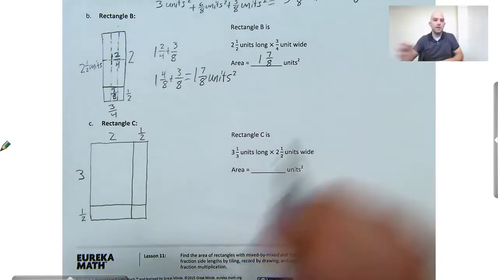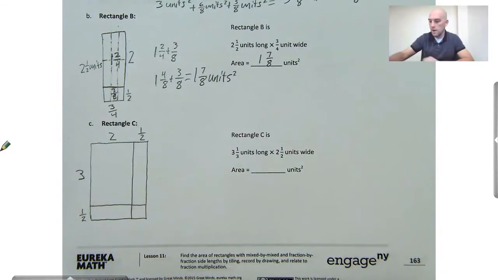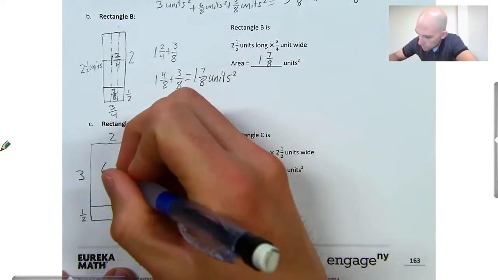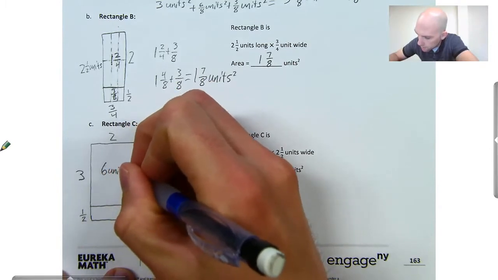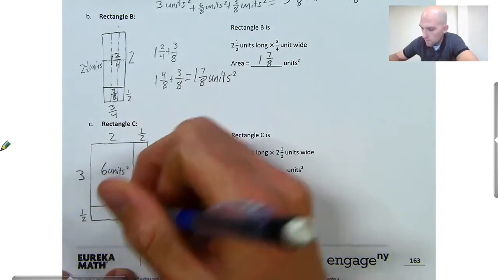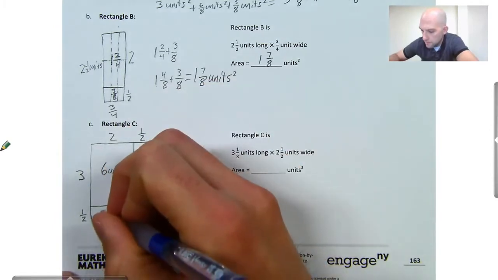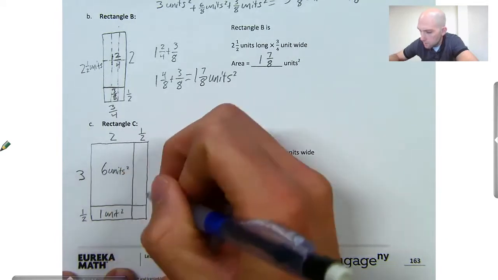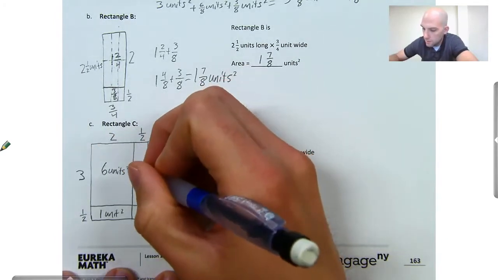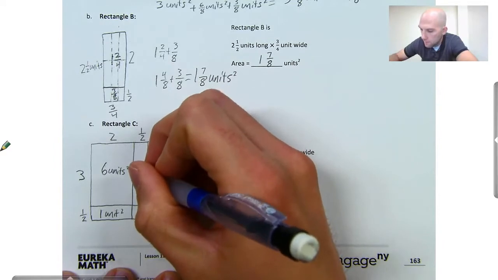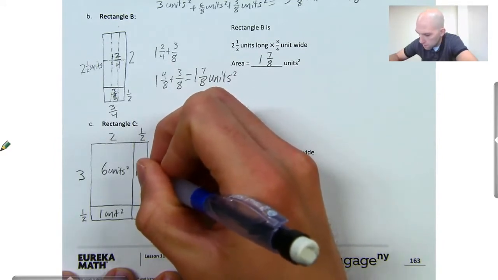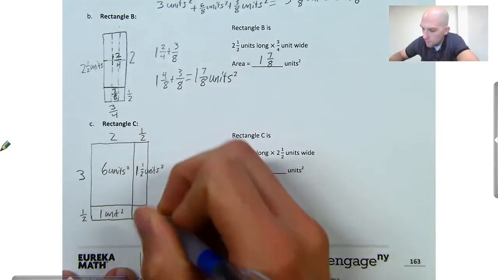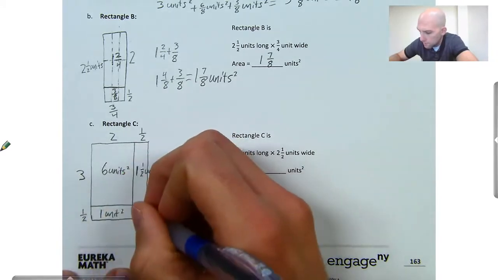Then I'm going to add up all of my areas. So I have 6 square units in here. 2 times 1/2 is 1. 3 times 1/2 is 1 1/2. And then 1/2 times 1/2 is 1/4.